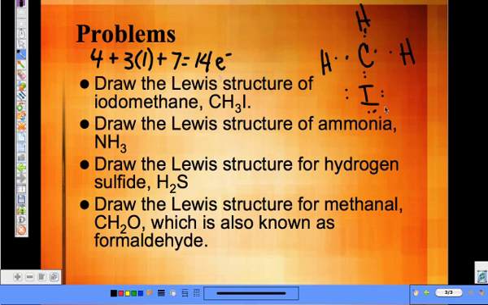So now I need to change the shared electrons into dashes. This is why it's kind of nice to draw them in that manner. You can have the 2 dots drawn on top of each other here, but then you'd have to erase them and draw the line in.